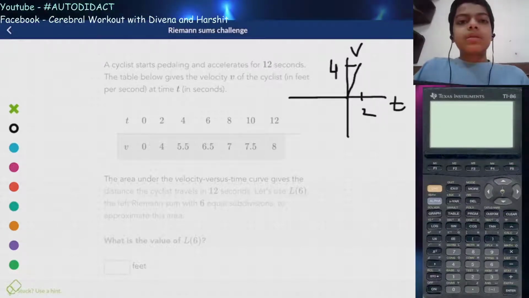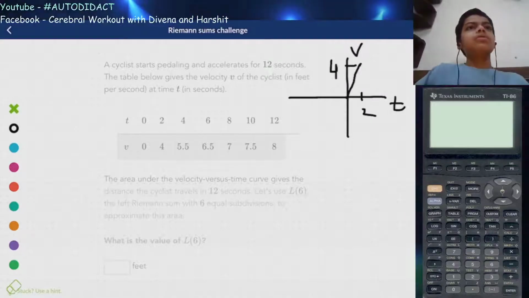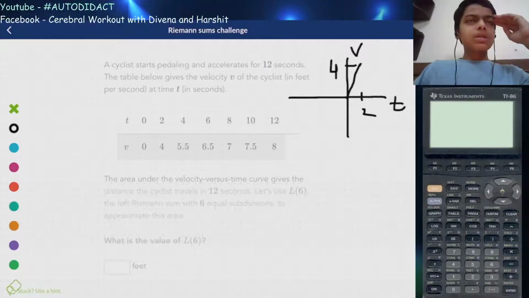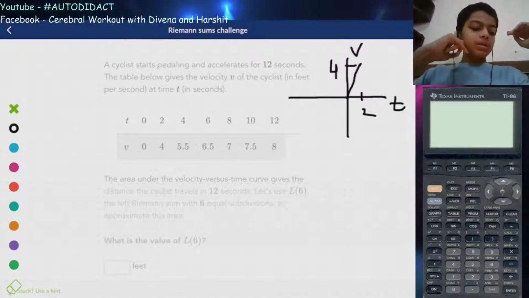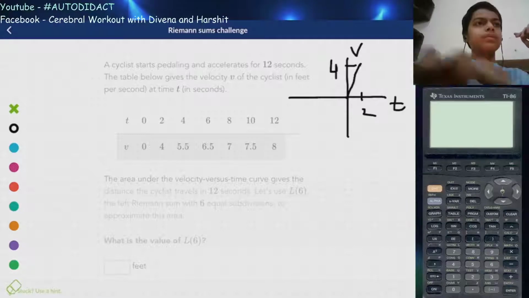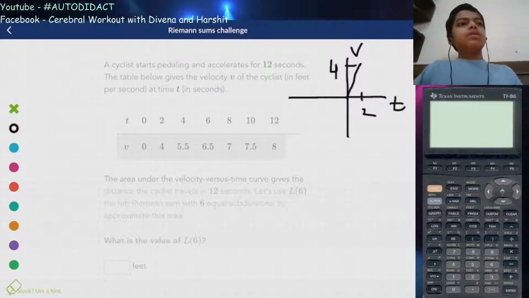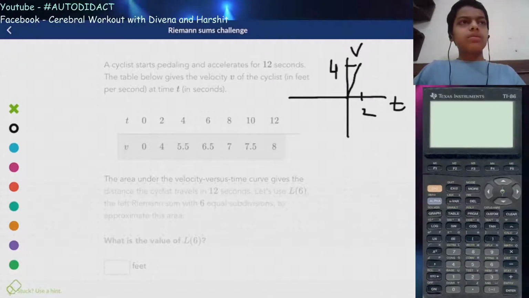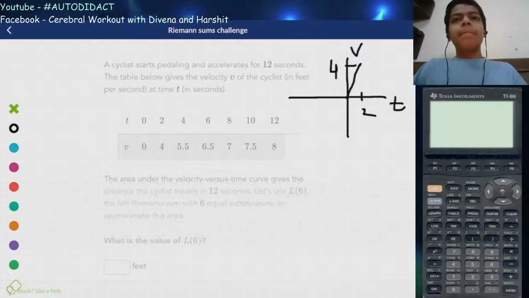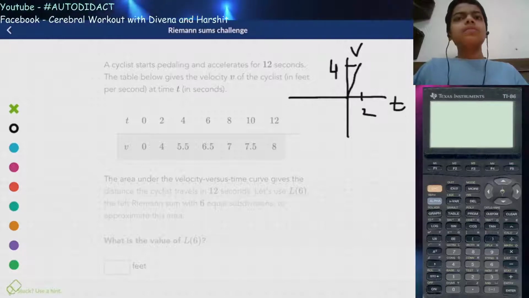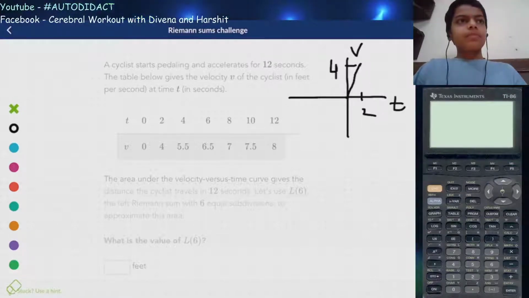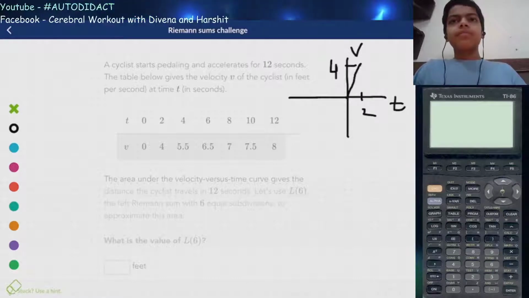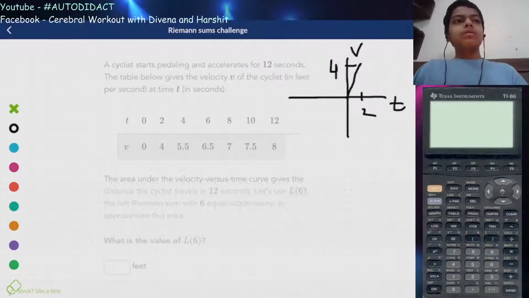Okay, so when time is equal to 0, velocity is 0. Then from the table, time 0 has velocity 2, and when time is equal to 2, velocity is 4.